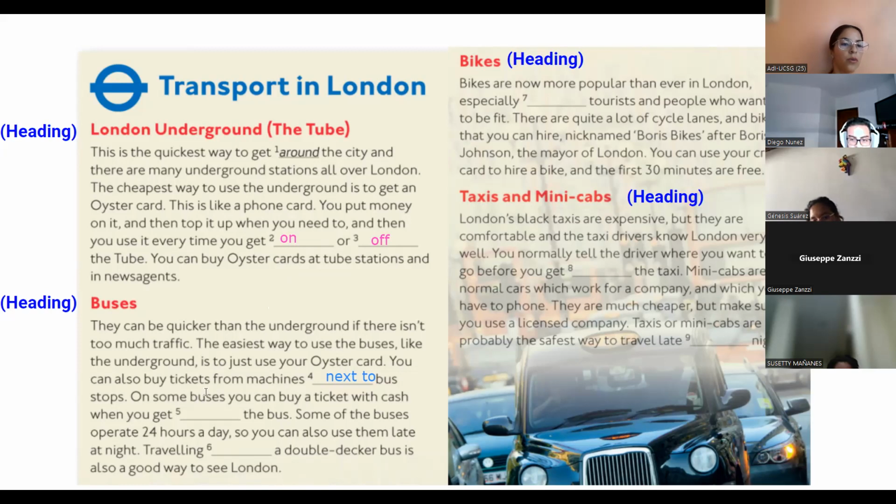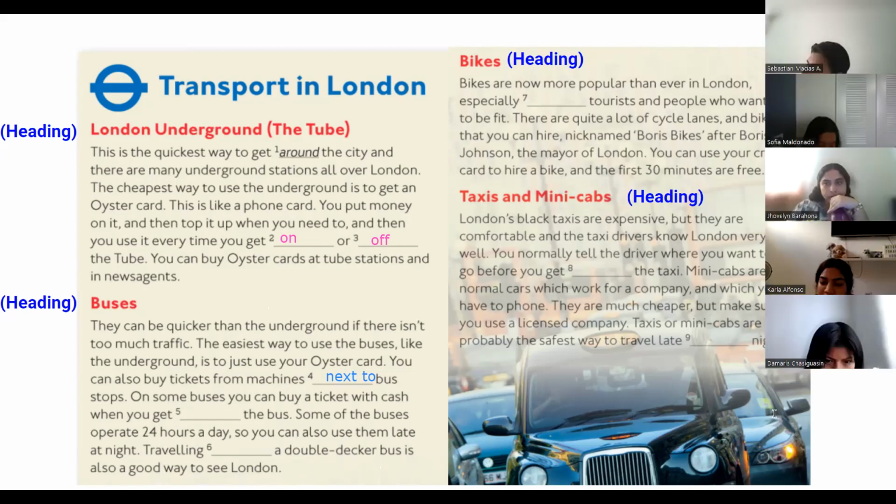Some of the buses operate 24 hours a day, so you can also use them late at night. Traveling a double-decker bus is also a good way to see London. Susetti, what do you have in number 6? Number 6 is off.